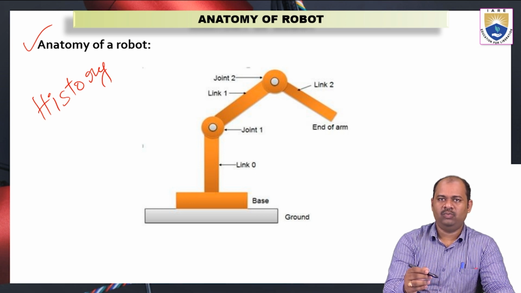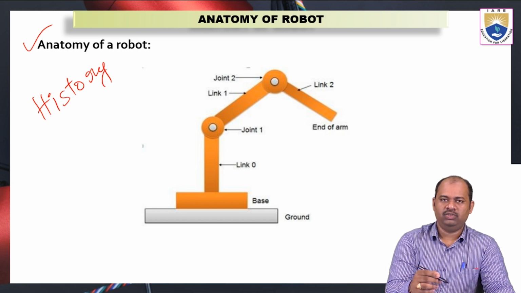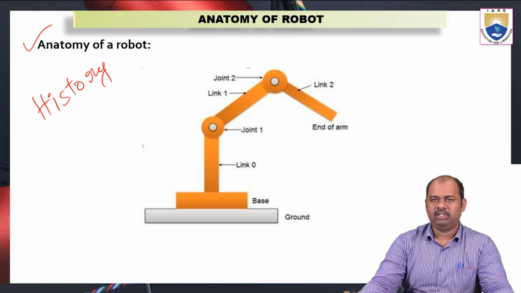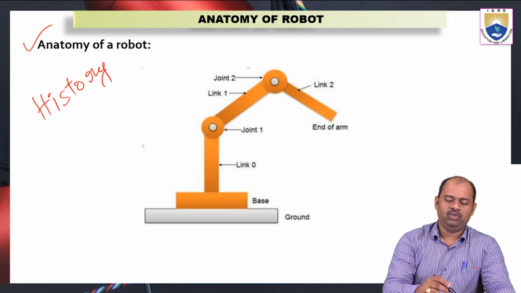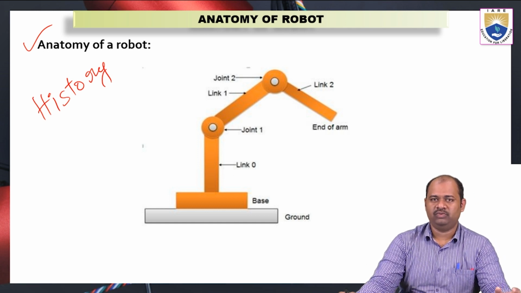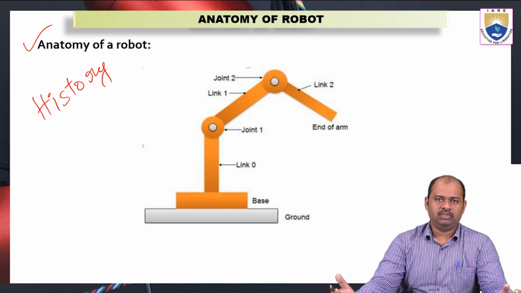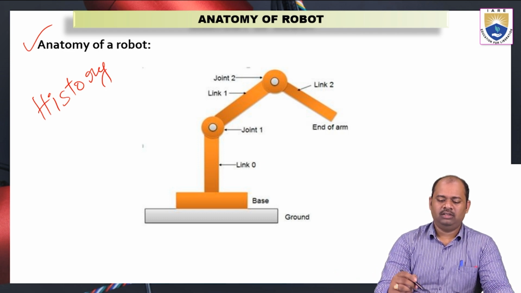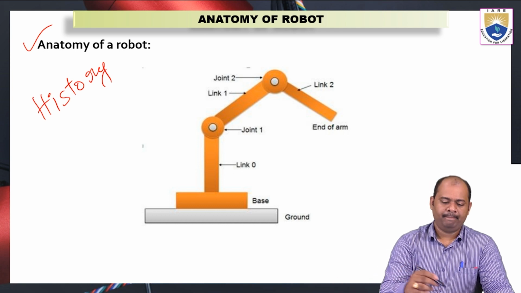How the word robot was used for the first time back in the 1960s. And we have seen in which year Unimation was formed, back in 1962, where the first industrial robots were developed. So we are studying the CNC systems. We will discuss the industrial robots only.